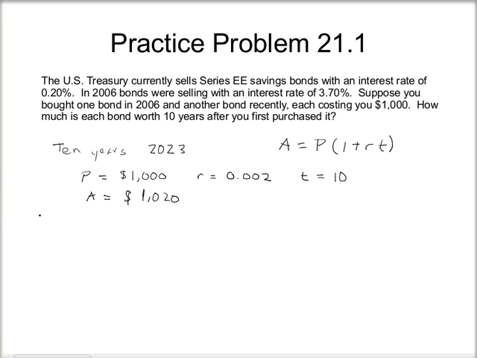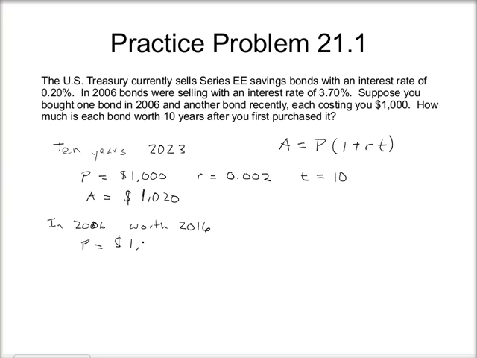Let's look at the earlier bond, so the one you bought in 2006. Let's see, its worth in 2016 will be 10 years after you've bought that bond. So again, my principal is the same.